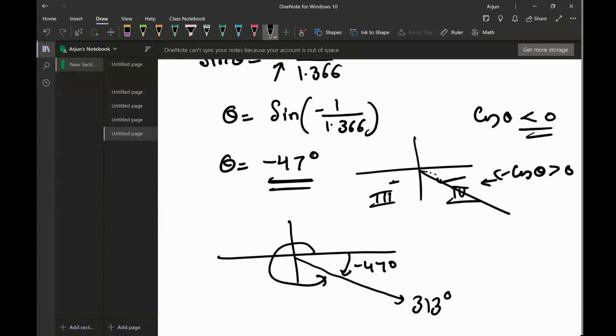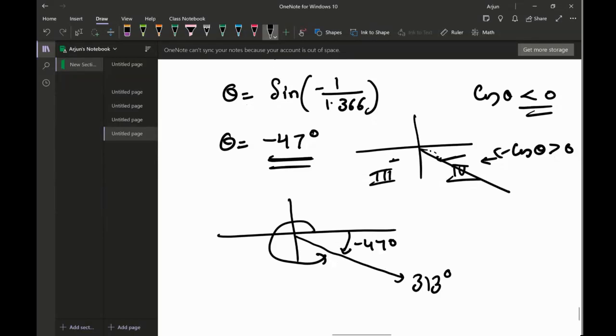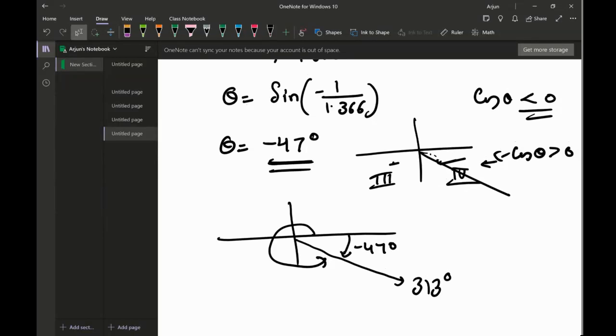So sine of 313 degrees is a negative value, equal to negative 1 divided by 1.366. Let me check the answer at the end of the book.